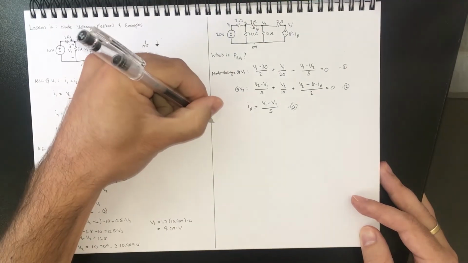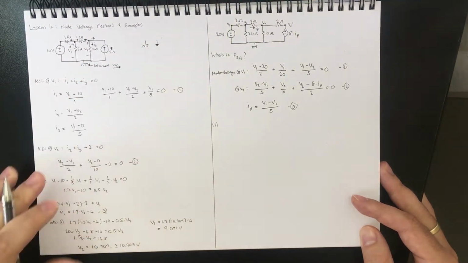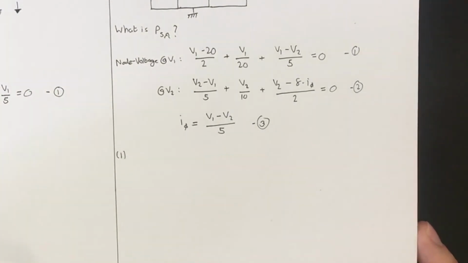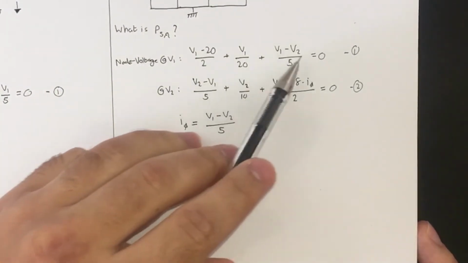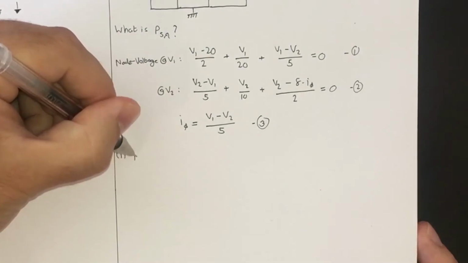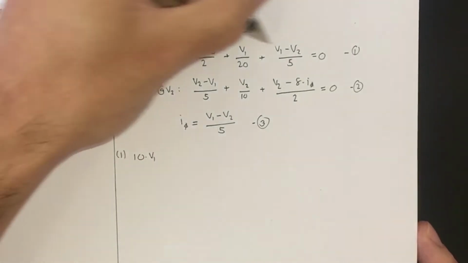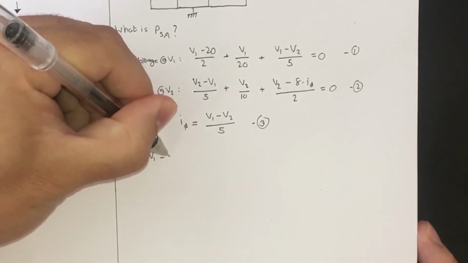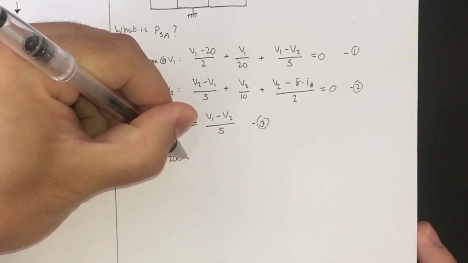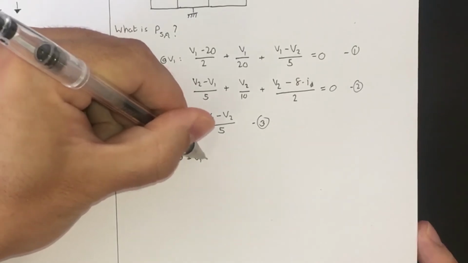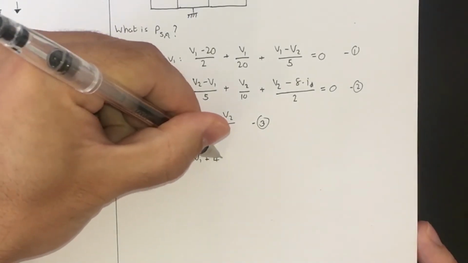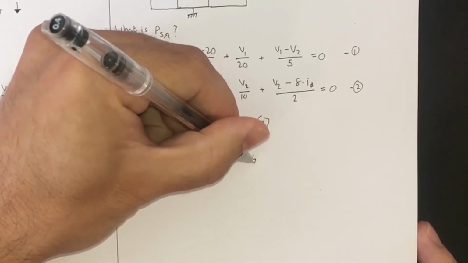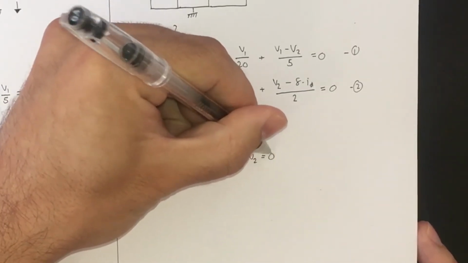Let's take equation 1. We multiply out the greatest denominator. This is a useful trick in node voltage because then we get rid of all the fractions. So we have 10 V1, since we're multiplying out by 20: 10 V1 minus 200 plus V1 plus 4 V1 minus 4 V2 equals 0.